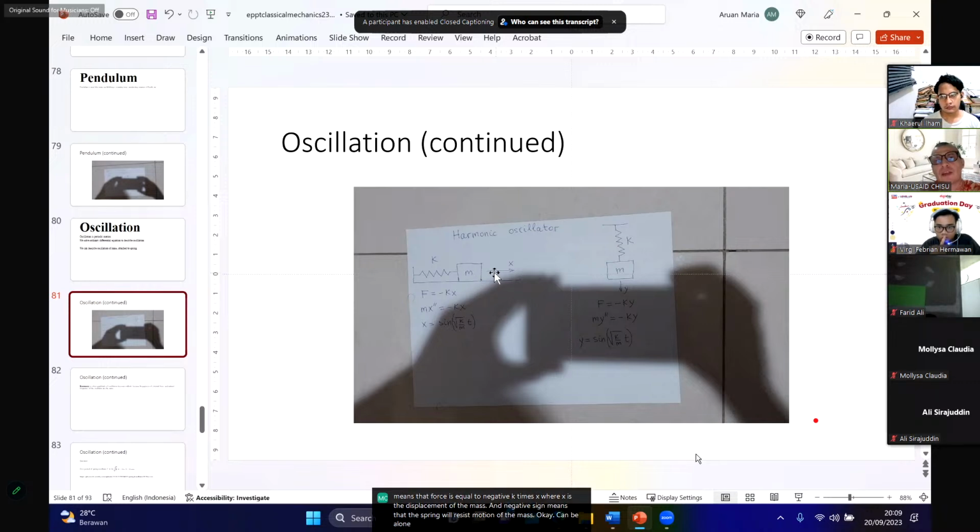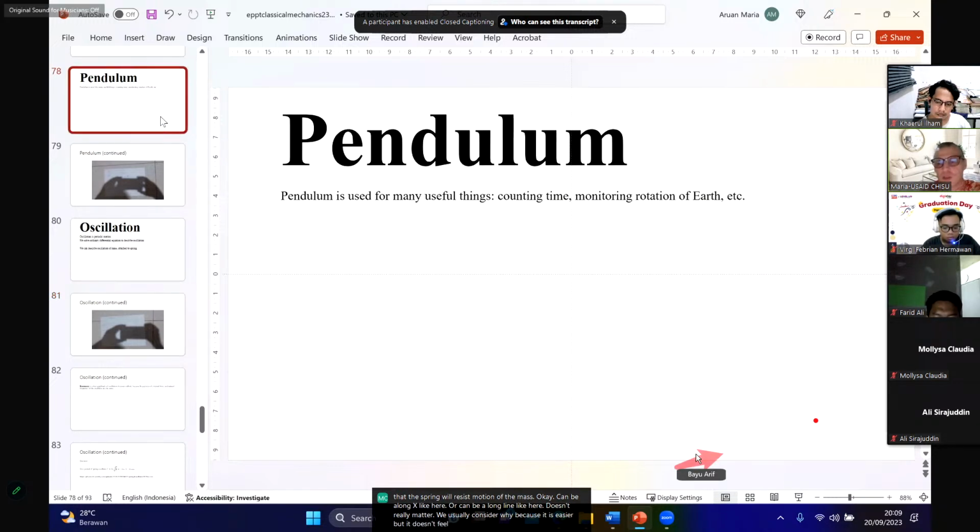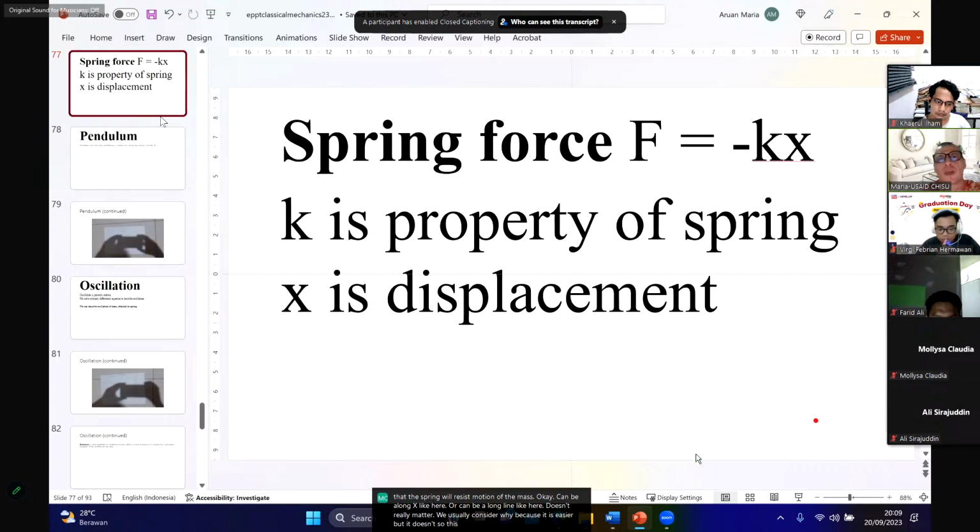It can be along X, like here, or along Y, like here. Doesn't really matter. We will usually consider Y because it is easier. So this problem is really important for many applications in physics, like scales and many devices based on these kinds of physical mechanisms.